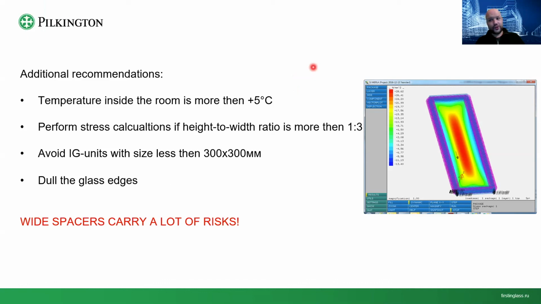U value is usually worse, risks are many, deflection, and by the way, optical distortions are bigger. So in most cases, a bigger spacer means more problems, not less.